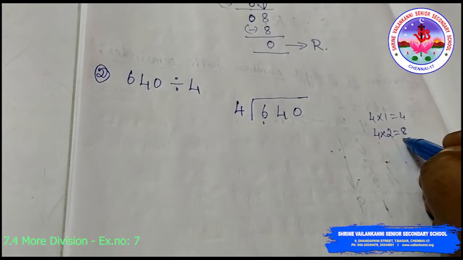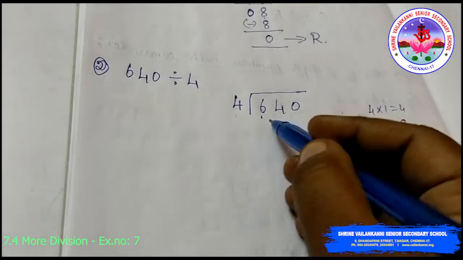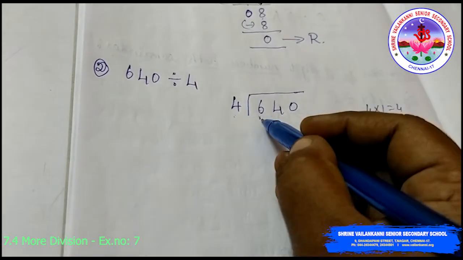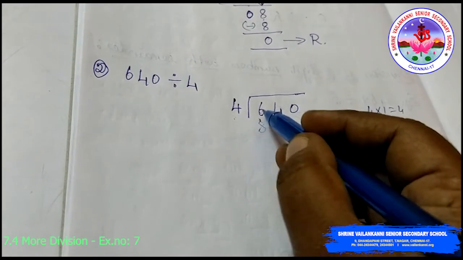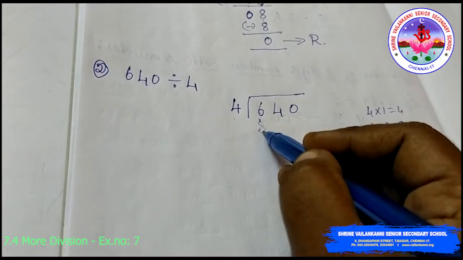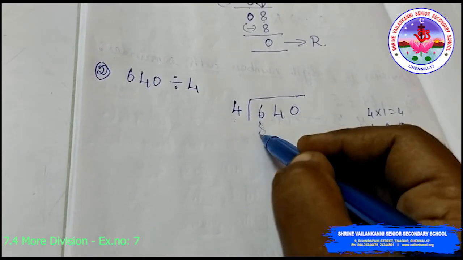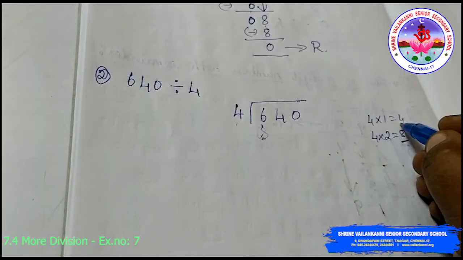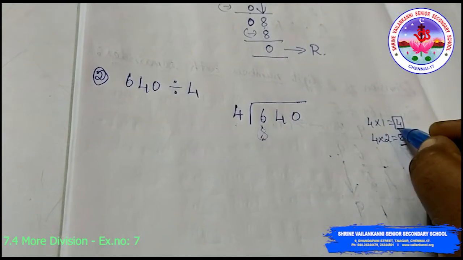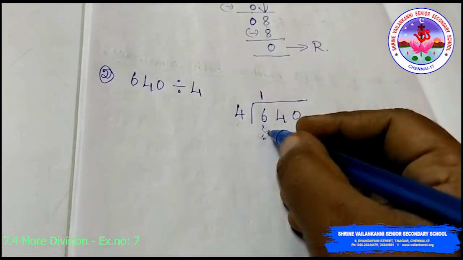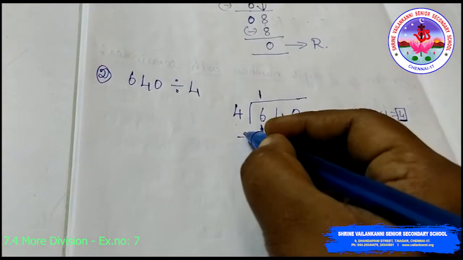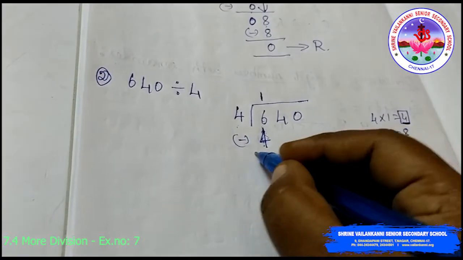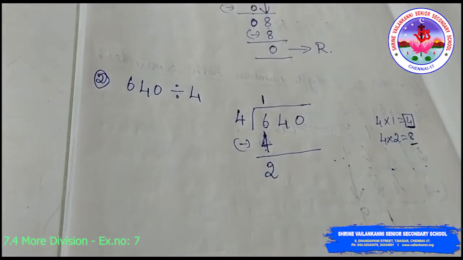I cannot consider this 8 because 6 is lesser than 8. If I include 8 here, I cannot do subtraction. Always I should take a lesser value than the dividend. So I am going to consider 4 ones are 4. Now subtract 6 minus 4, you will get 2.